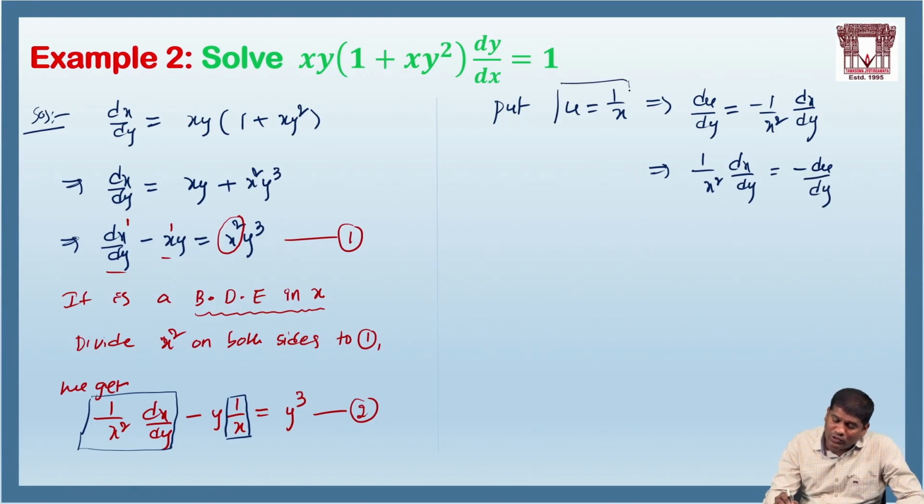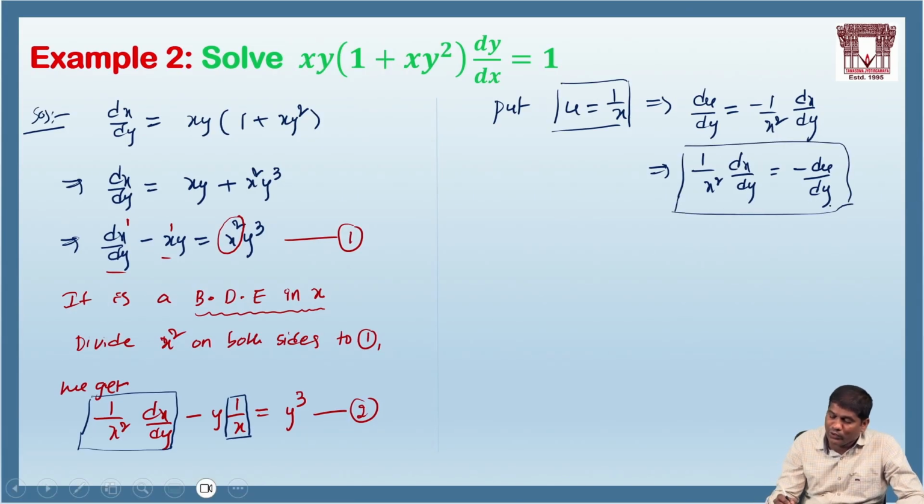Now we have to substitute these both quantities in the above equation, that is equation number 2. Then we get minus du/dy minus y into 1/x, which is u, is equal to y³.